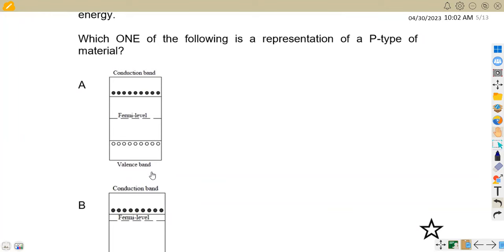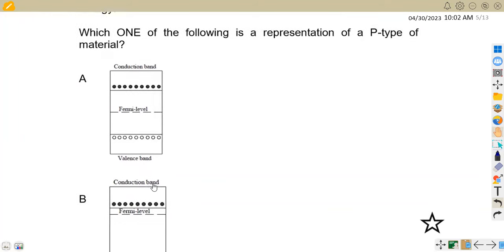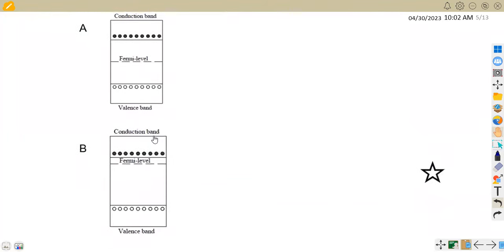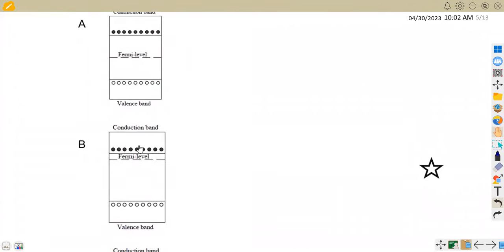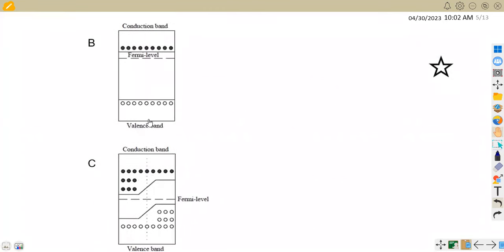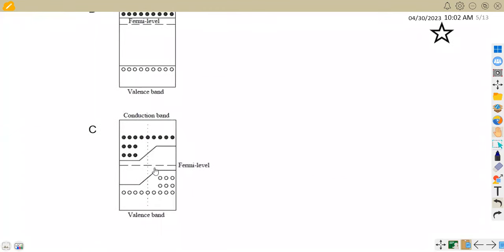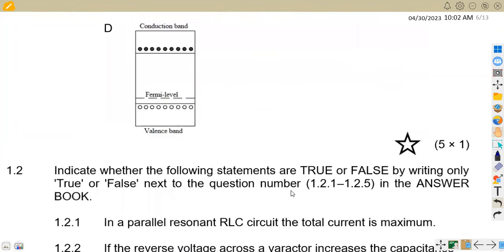Here we've got our valence band on A, which is not the one that we need. The conduction band, the Fermi level on top, the valence band, is not like that. So the Fermi level is supposed to be down with what?